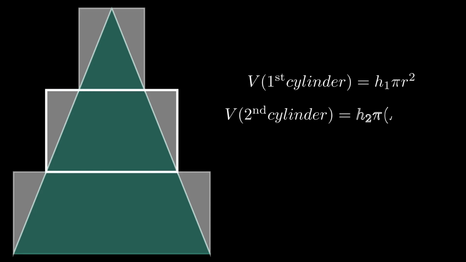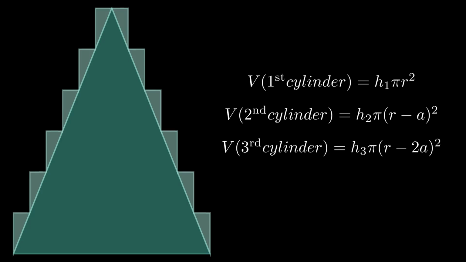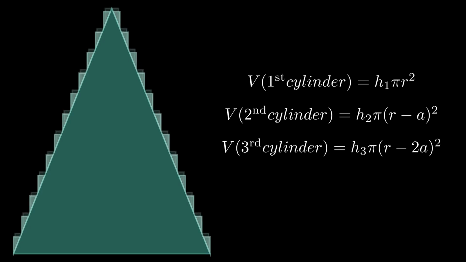The volume of the second cylinder is its height times pi (r minus a) squared. Remember, the radius of each cylinder is decreased by a as we go up. The volume of the third cylinder is its height times pi (r minus 2a) squared. Here we only have 3 cylinders, but there can and must be many more cylinders to get the volume of the cone.